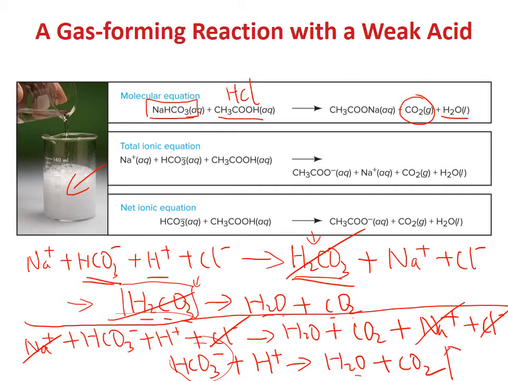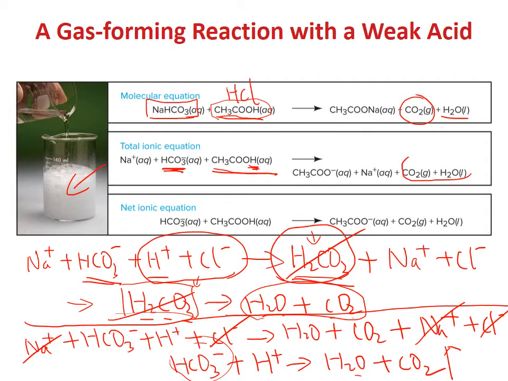All right, now let's go back to the reaction of sodium bicarbonate with a weak acid. Now, the weak acid, acetic acid, does not dissociate like hydrochloric acid into hydrogen ion and the anion. Instead, it remains as a molecule. So when you write the total ionic reaction, it is the acetic acid molecule here as a reactant. But it donates a proton to react with the bicarbonate anion to form, just like before, carbonic acid, and the carbonic acid immediately decomposes into water and CO2.